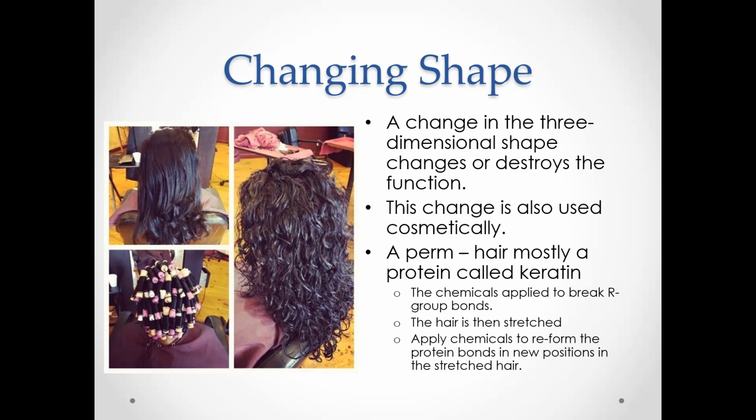What it does is break the R group bonds, and it allows the hair to be stretched or curled, depending on which one we're trying to do. And then we apply chemicals to help reform the bonds and keep the hair in the new structure that we want it to be in. It may not be natural, but we've learned to manipulate the shape of proteins.